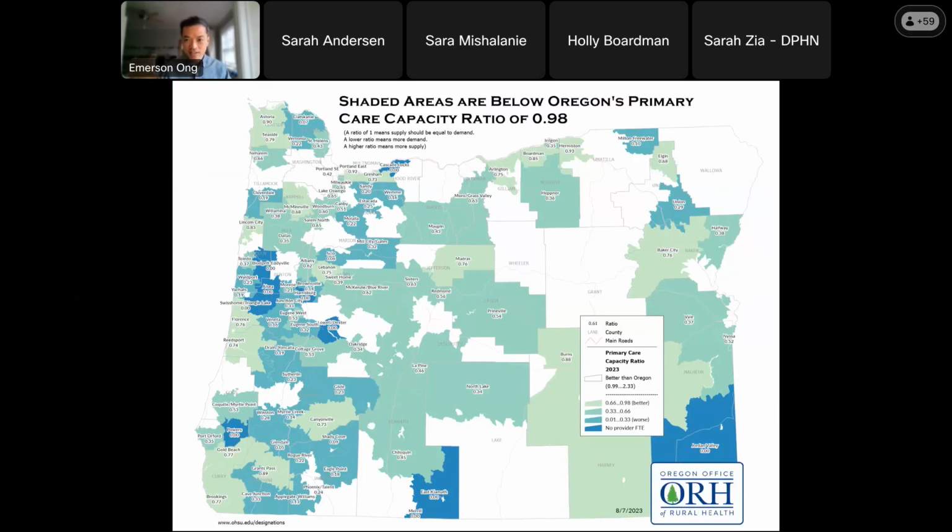All the areas that are shaded are worse than that number, and the areas in blue have no primary care provider FTE at all. So places like Cascade Locks, Powers, East Klamath, Alsea.